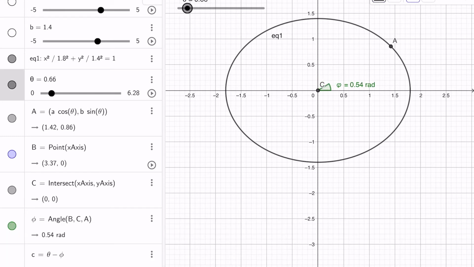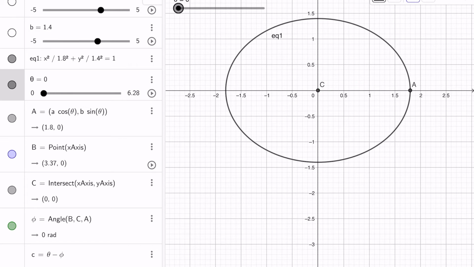If I want to find the coordinates of A, at that point theta is 0.66. So if I put 0.66 into the equation, a cos theta, b sin theta, I will get the coordinates of A. But theta equals 0.66 is not the anti-clockwise angle. You can see I've written that in as phi equals 0.54. So they're not the same.